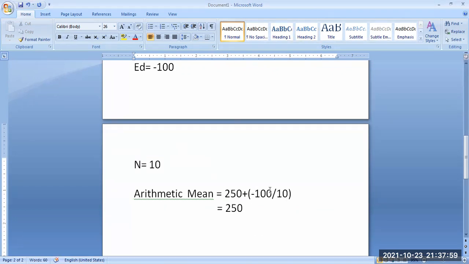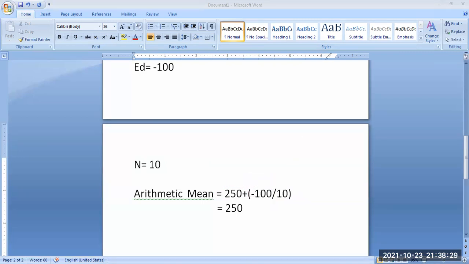First of all, we have to remove the bracket. If you calculate 250 minus 100 first, it becomes 150 by 10, so the answer would be 15 actually. We should not do like that. First of all, this bracket needs to be removed.